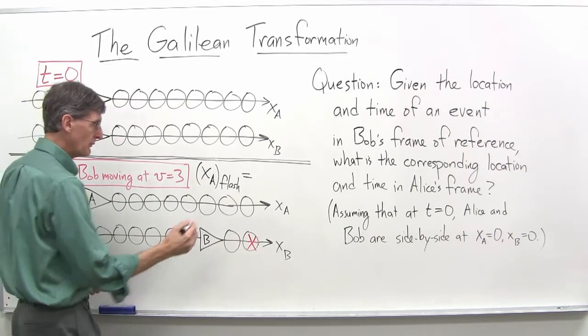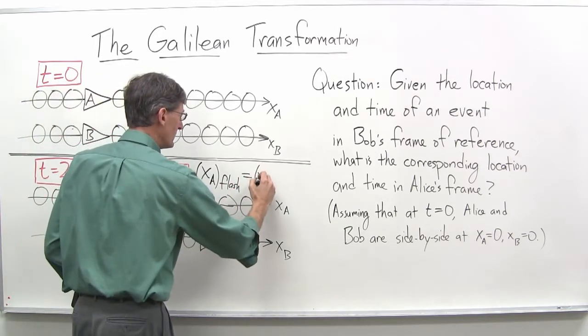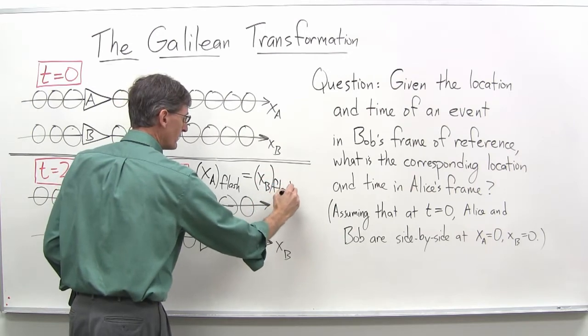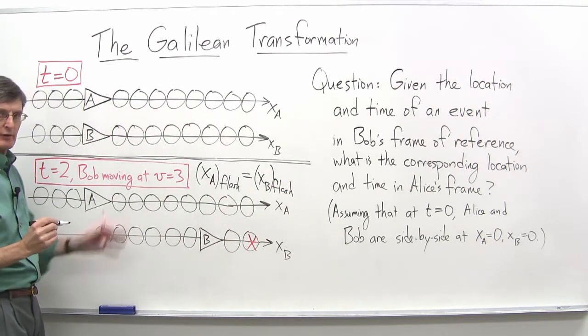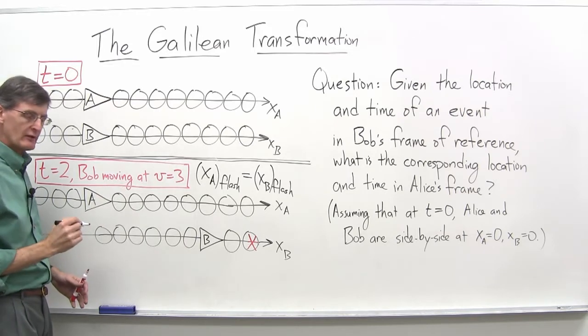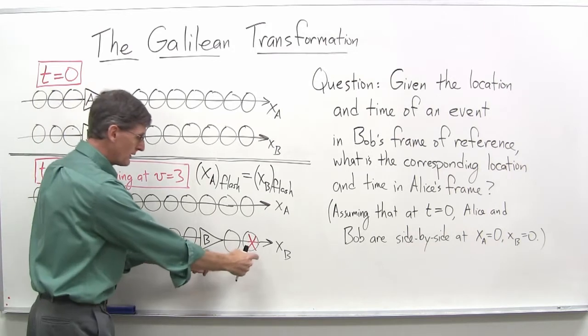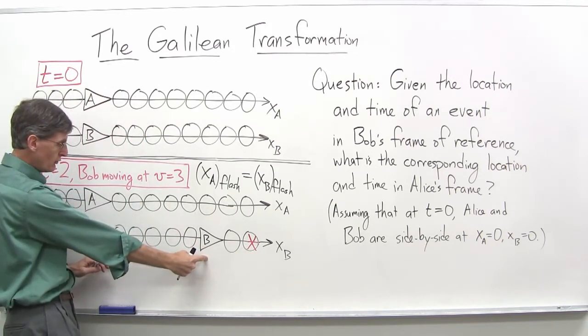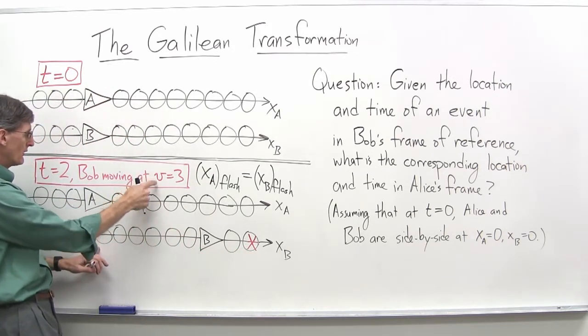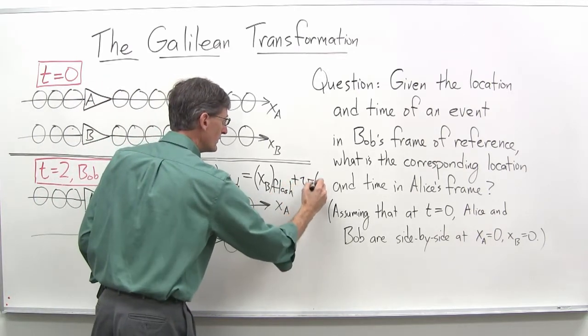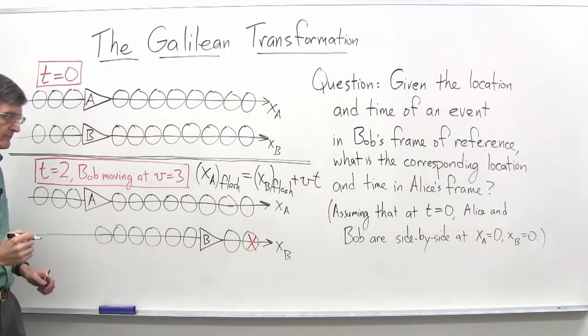So we'll write it like this. It'll be his position, xb of the flash. I'll erase that so we can get a little more room here. So xa will be xb of the flash plus the distance he's moved. Well, the distance he's moved is simply velocity times time. So it's plus velocity times time.